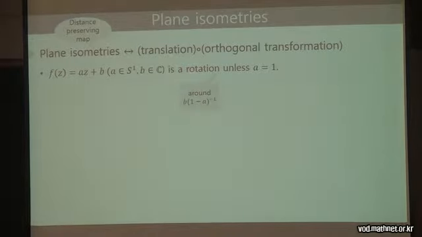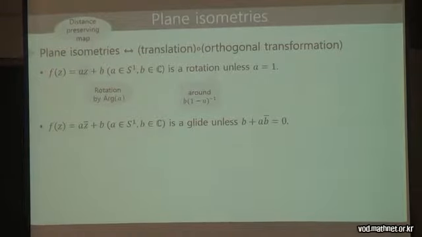You can easily compute the center of the rotation just by equating az plus b equals z and solving for z, then you get this center. It's a rotation by the argument of the complex number a. And if you use z bar, the complex conjugate, then z bar is the reflection about the x-axis.